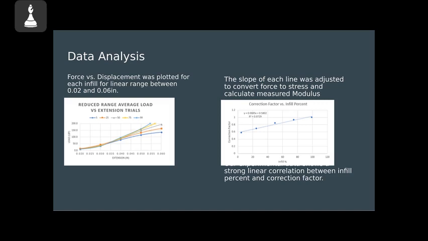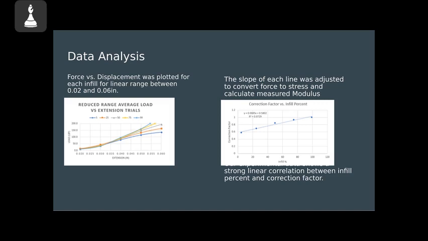For our data analysis, we plotted the load measured versus the extension for each sample, and then constrained our analysis to the linear range of that data, which ended up being about 0.02 to 0.06 inches. A trend line was created for each of those samples, and then the slope of it was recorded.